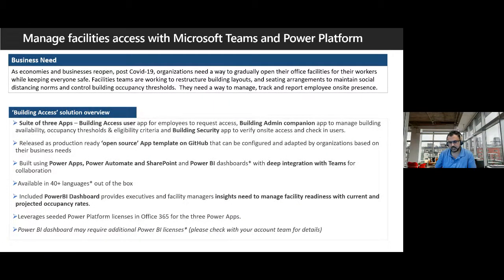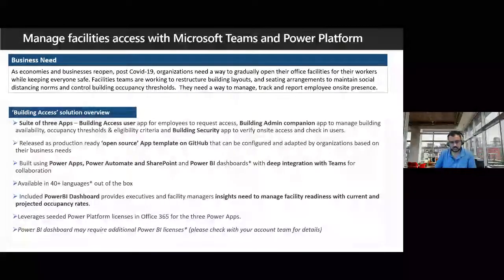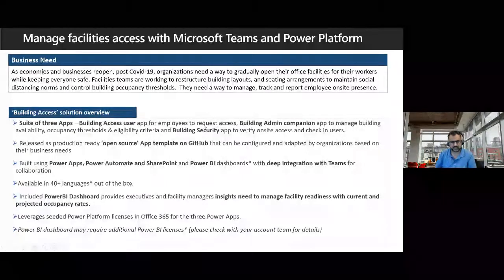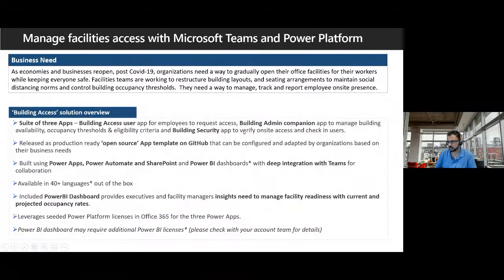Think of that as the app that your facilities management team, in partnership with your executives, will be using to set up those buildings that are being brought online, right? Basically being ready to bring workers back into offices, managing those occupancy thresholds, managing the eligibility criteria. What is that eligibility criteria? Confirming that the users that are coming back into offices meet those criteria.